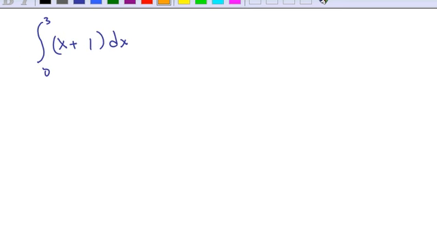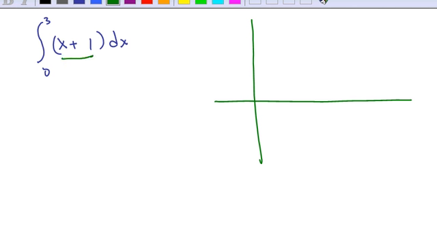This time I'm not going to give you the graph. I'm going to say estimate the area given that function, and you can do it using integration techniques or antiderivative techniques, but I'm going to do it using the area first. So this is an equation of a straight line with a y-intercept of 1 and a slope of 1, so something like this.